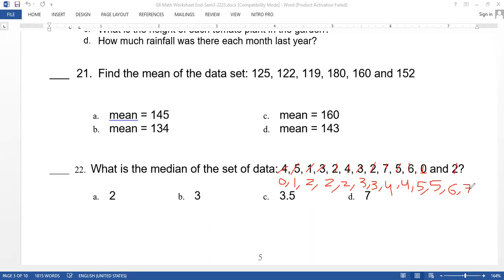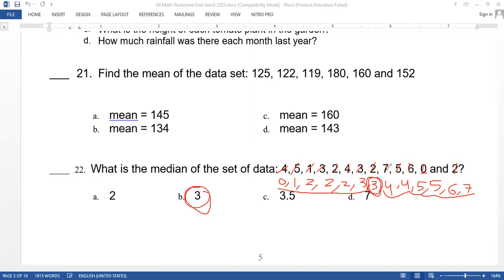I subtract 1 from 13, it's 12, divided by 2 is 6. So when there is an odd number of values, I choose the number in the middle easily. Here I put 6 numbers on each side, 1, 2, 3, 4, 5, 6, and 1, 2, 3, 4, 5, 6. So 3 will be in the middle. So we have one number in the middle, we directly pick it. So the median is 3.